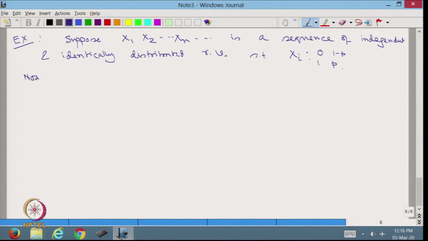Now, let us consider a new sequence of random variables S n defined as follows.